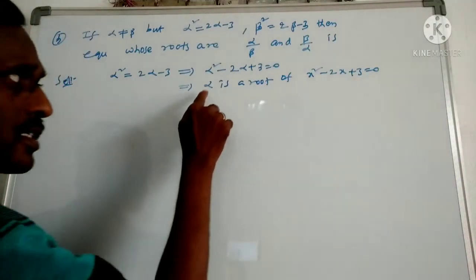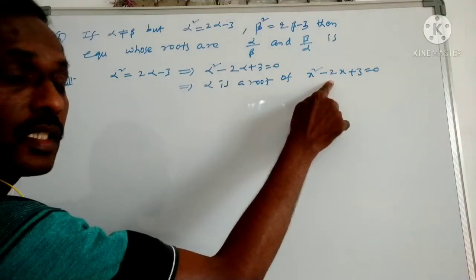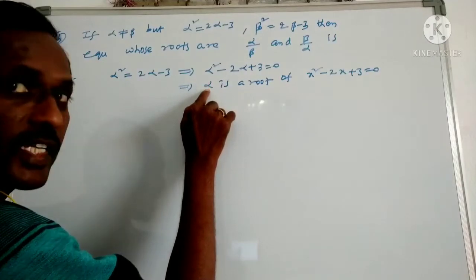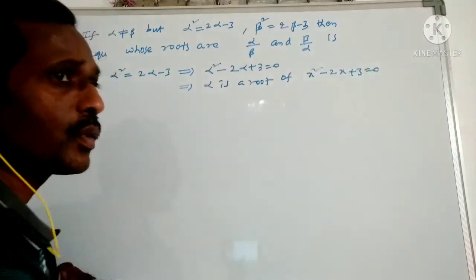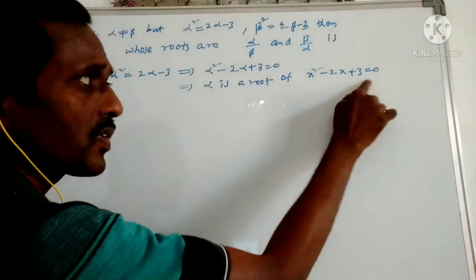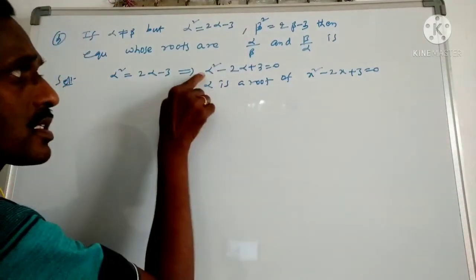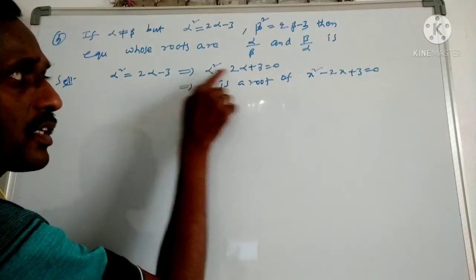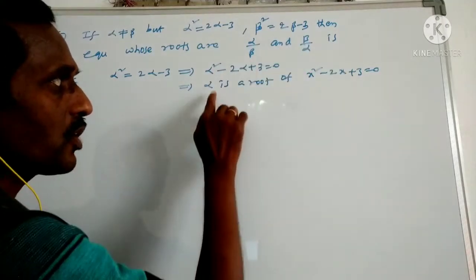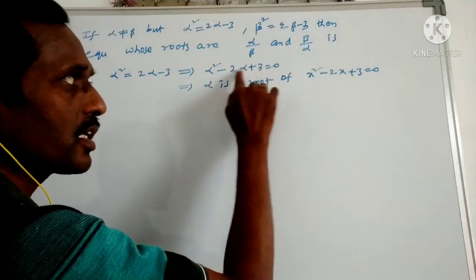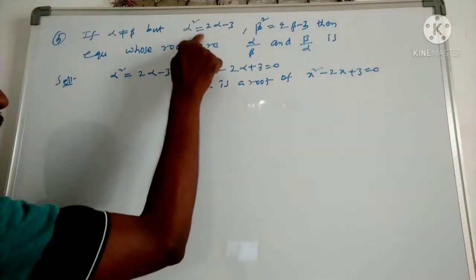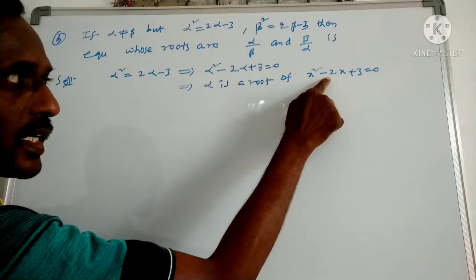We can say any value is a root of the equation if it satisfies the equation, meaning replacing x with this value, whatever you get, that is the root. So here alpha is a root of this equation. How can we say this? Because alpha square is nothing but x square, alpha is nothing but x, and the constant stays as it is. If I write alpha in place of x, you will get this equation. So alpha is a root of this quadratic.